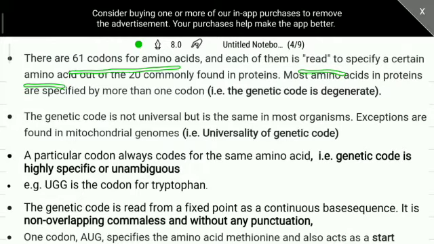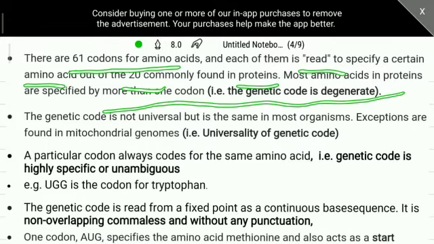These represent 20 amino acids. Where are these 20 amino acids found? In proteins. And this is a very important thing: most amino acids in proteins are specified by more than one codon.